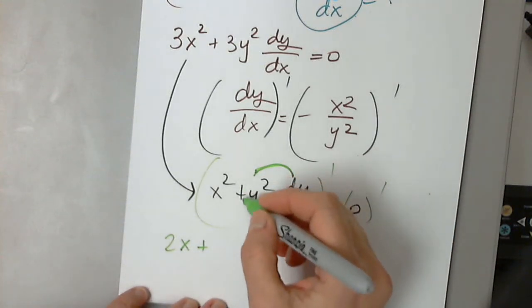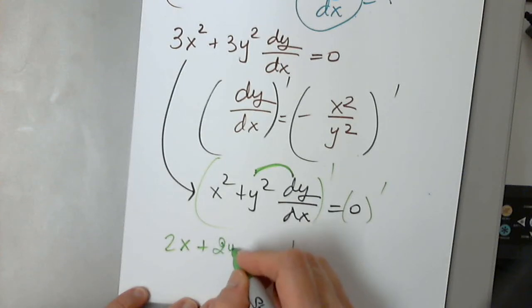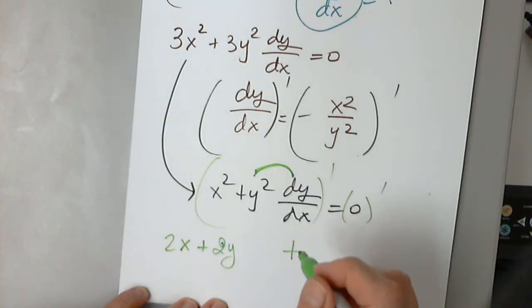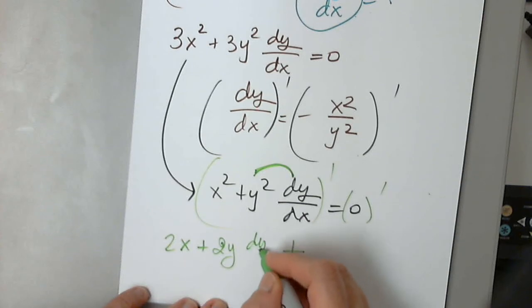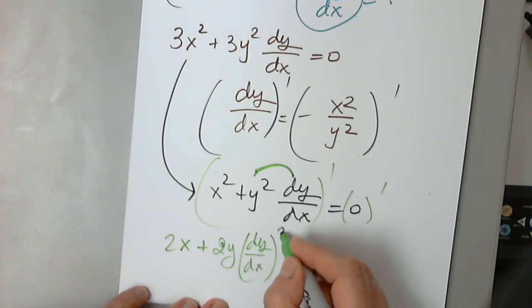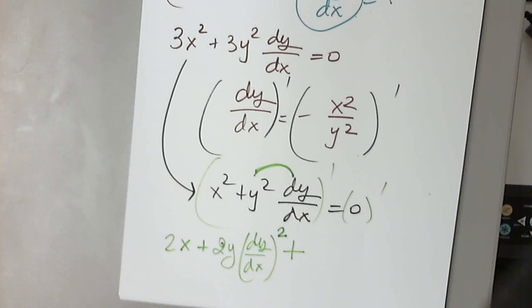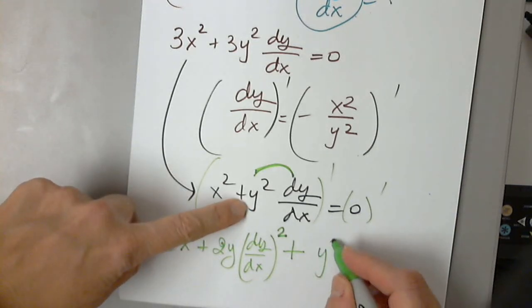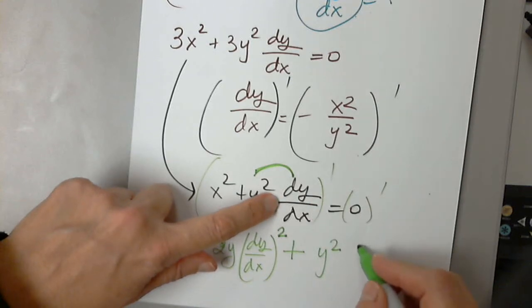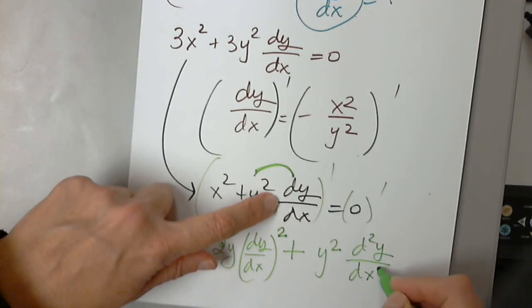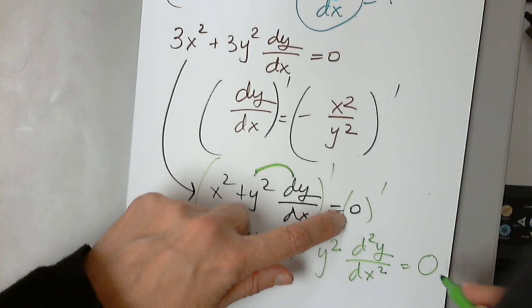When I differentiate y squared, I get 2 times y times dy over dx times dy over dx, which is dy over dx squared, plus y squared. And when I differentiate the first derivative, I get d2y over dx2. When I differentiate 0, I get 0.